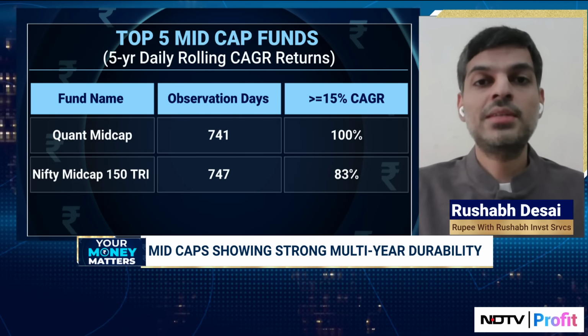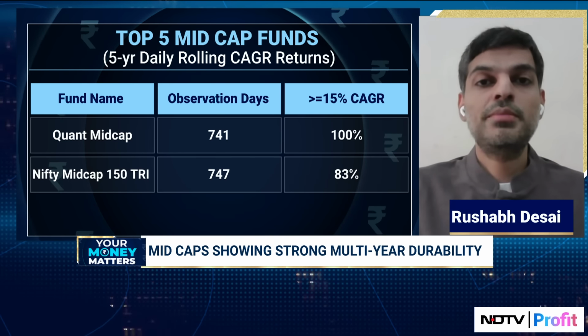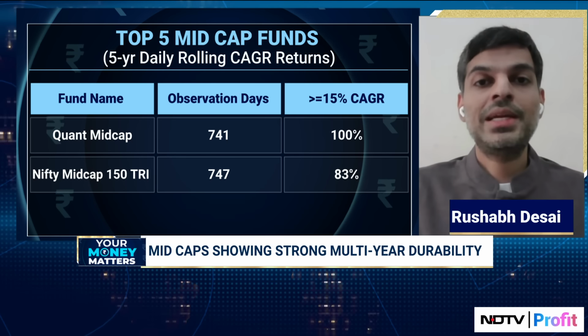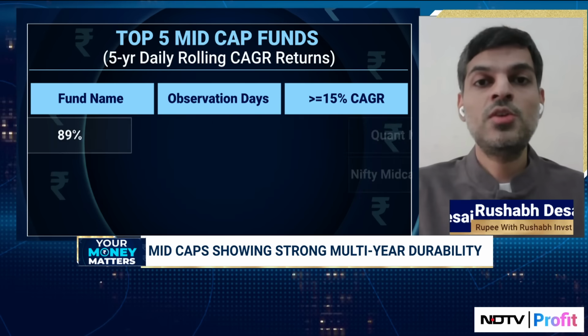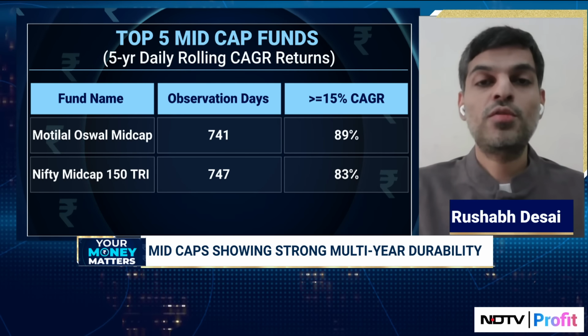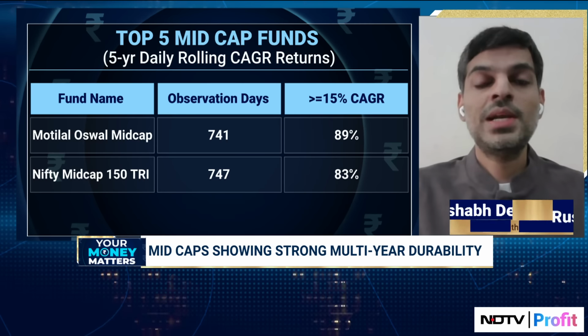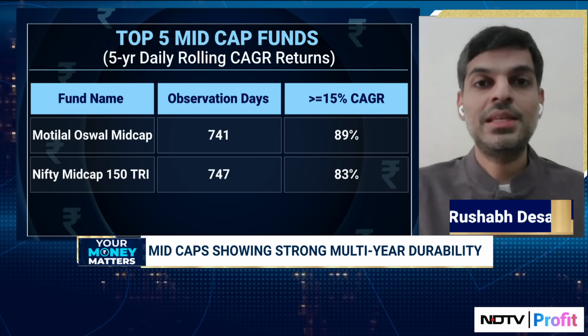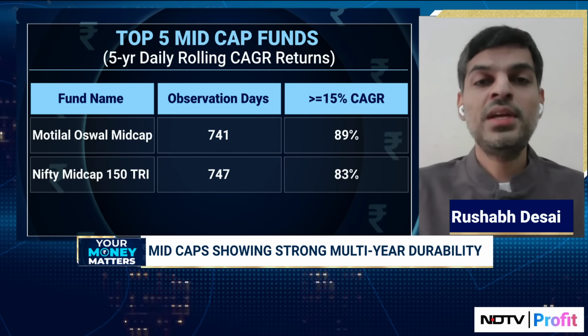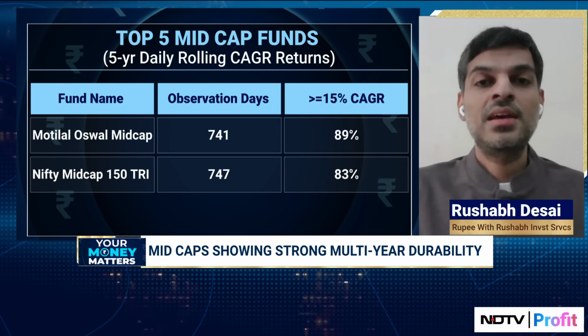I'll give you a very small example, Alex. See, a couple of years back, Motilal Oswal Midcap Fund didn't do that great. But today, in 2025 and a little bit of 2024 as well, Motilal Oswal has been the best performing mid cap fund in the market, right? So I feel diversification is the key, Alex.